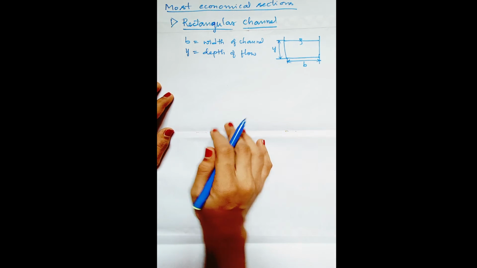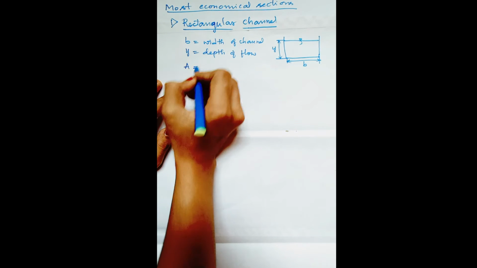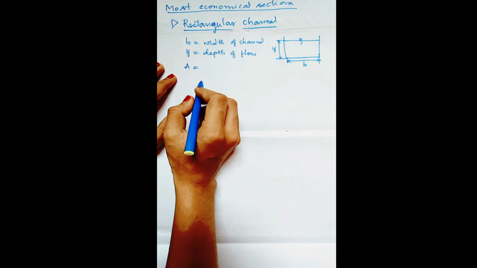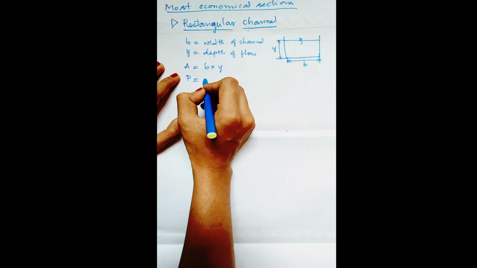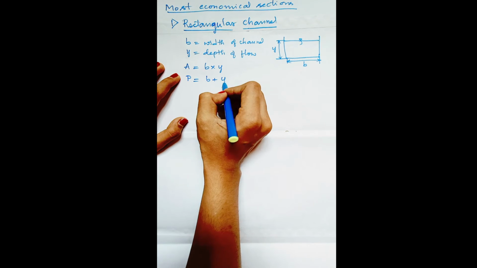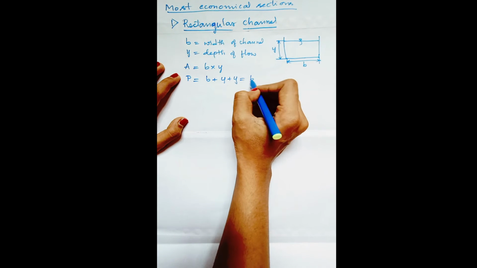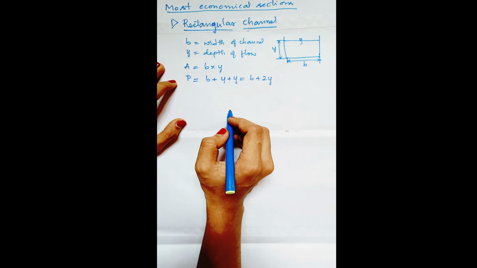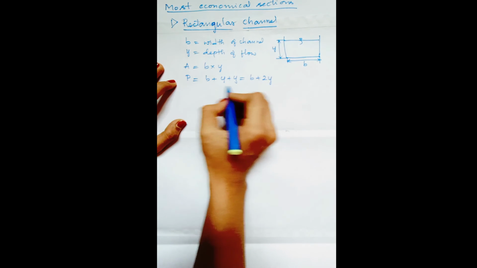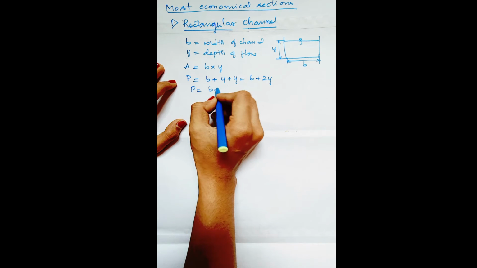And we know the area of a rectangular channel is B into Y, that is width into depth of flow, and the wetted perimeter P is B plus 2Y. So P is equal to B plus 2Y.